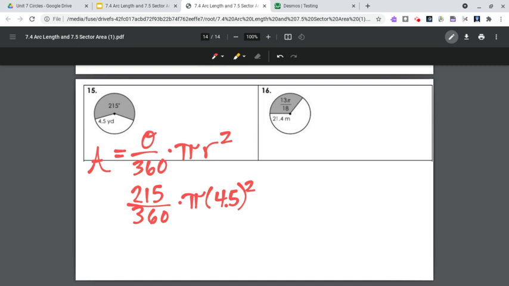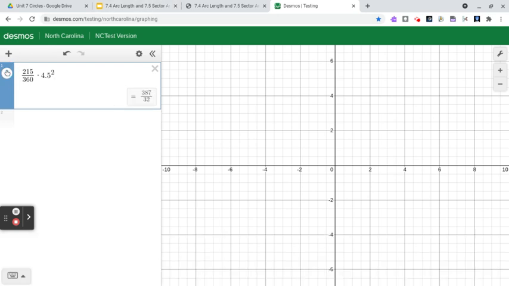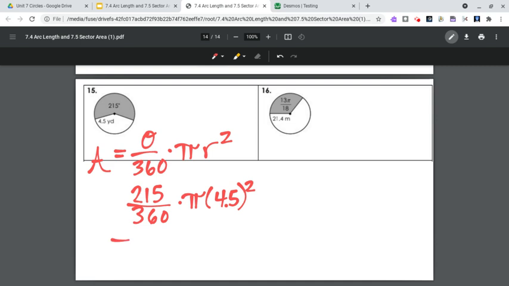So we're going to go to Desmos, 215 divided by 360, and then times 4.5 squared. We'll put it as a fraction. I'm going to hit the fraction button. 387 over 32 pi. 387 over 32 pi yards squared.